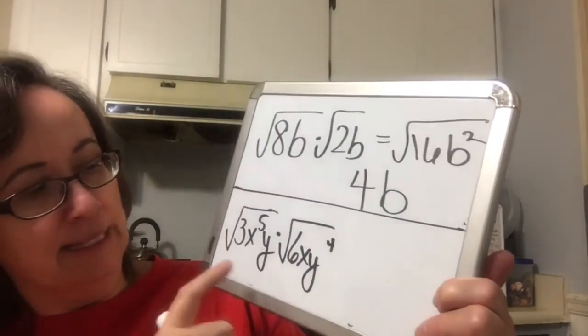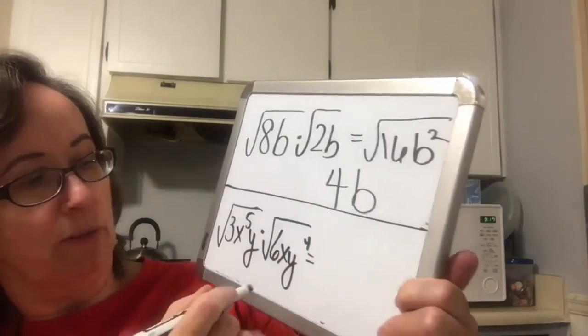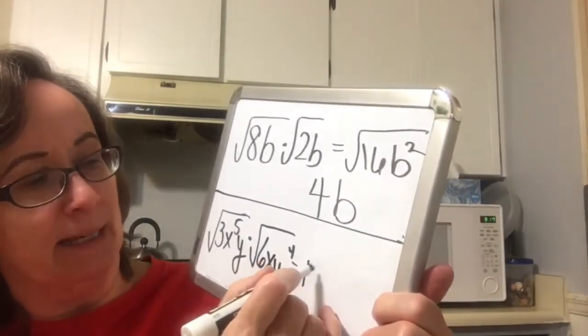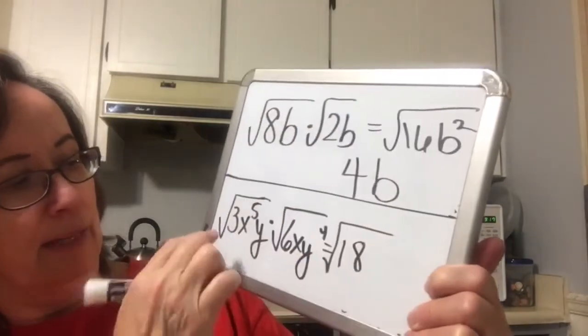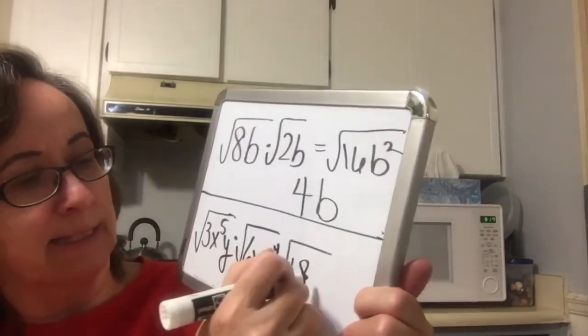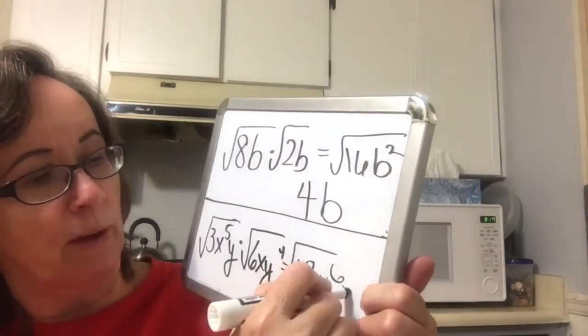Okay, these I'm going to go ahead and combine because they're both square roots. So I'm going to get 18 under the radical, and then x to the 5th times x is x to the 6th, and y times y to the 4th is y to the 5th.